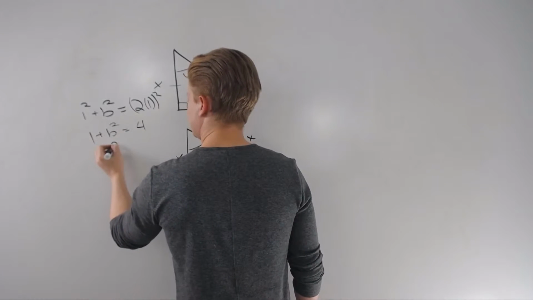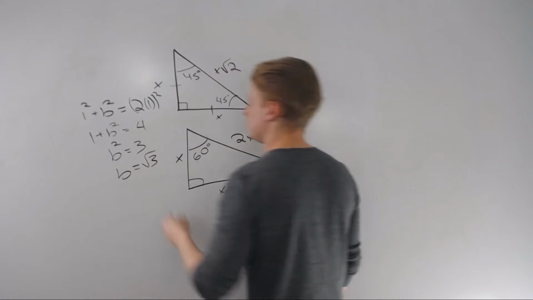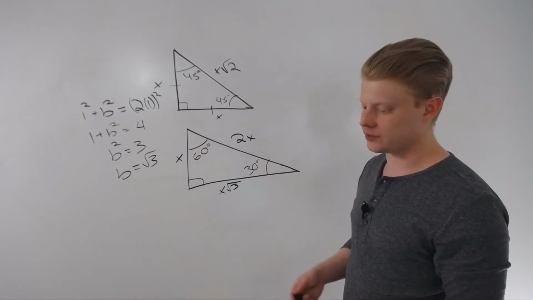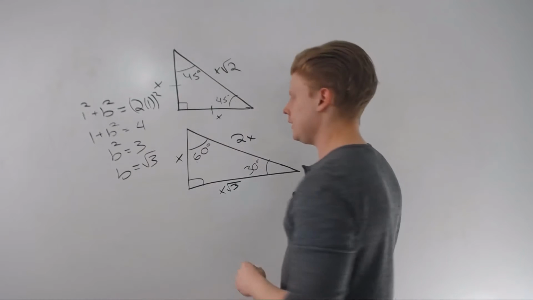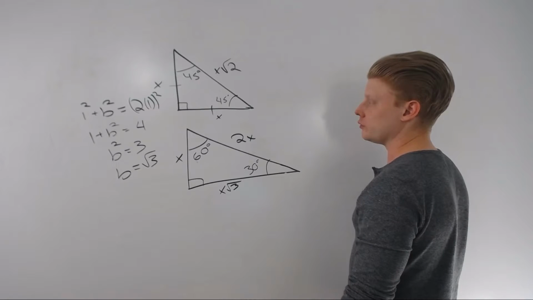Subtract that 1, b squared is equal to 3, b is equal to the square root of 3. I could do the same to find the hypotenuse or the x side, whatever I wanted. So if you know these, you're really going to save yourself some trouble.